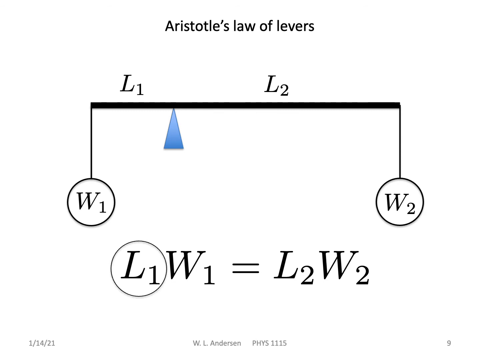That perpendicular distance to the line of action of a weight is called the moment arm. And the product, as I mentioned, is called the moment, or torque.